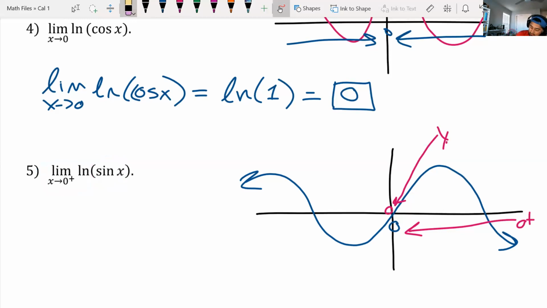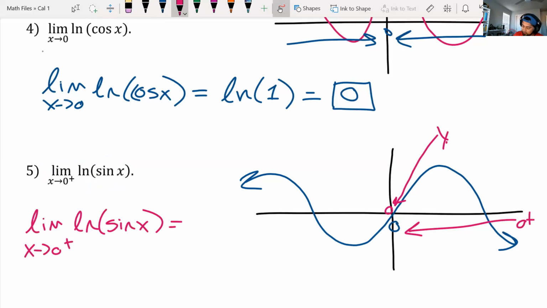So again, we would write the limit as x approaches 0 from the right of the natural log of sine of x would become the natural log of 0. But can we use 0? No. So we say 0 from the right, and this limit's headed towards what number? Negative infinity. There we go.